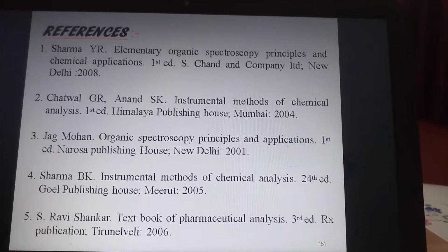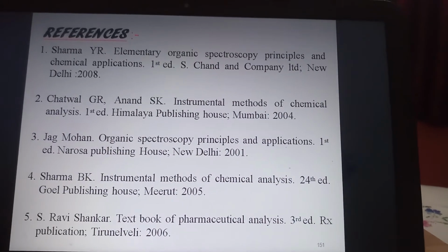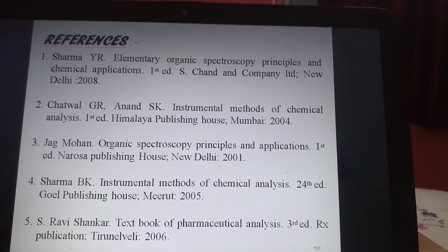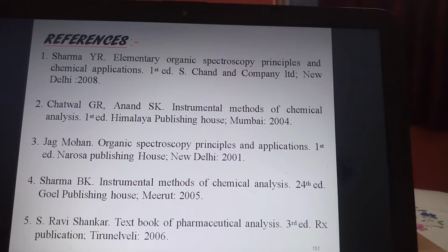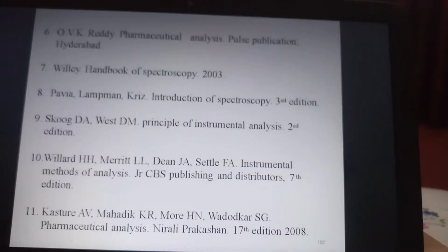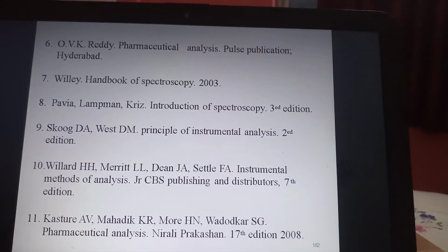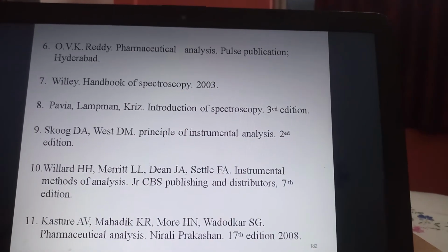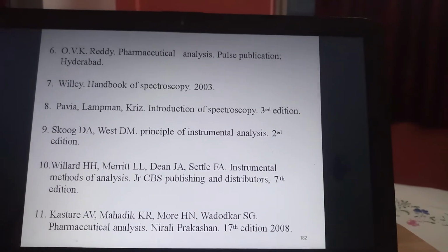So at the end of our journey of NMR spectroscopy, here are some references. Y.R. Sharma, G.R. Chatwal, Jagmohan, B.K. Sharma, I.S. Ravishankar, O.V.K. Reddy, Wheeler, Handbook of Spectroscopy, Pavia Lampman, which is a very good and interesting book for NMR spectroscopy.